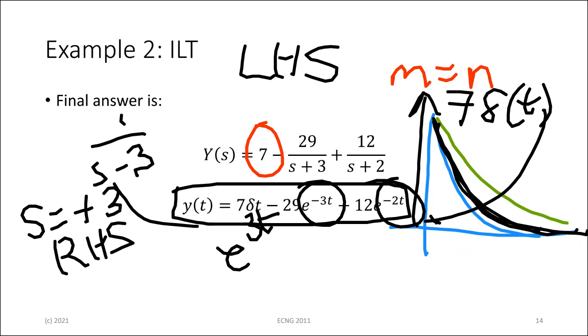That translates into a positive exponent, which means that as time goes on, the system response gets bigger and bigger. You don't want that. All right, so this is just a preliminary thing. We'll talk more about it later on, but it's going to come up a lot in controls as well: poles on the left-hand side, poles on the right-hand side, and poles right on the imaginary axis.